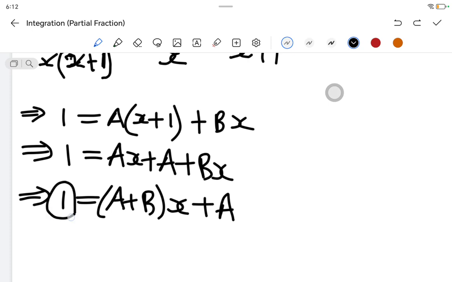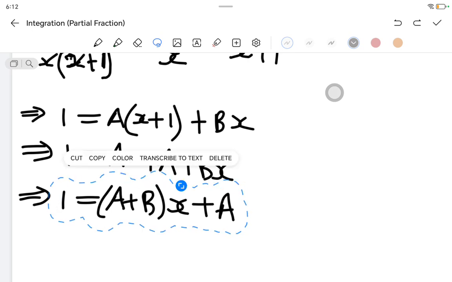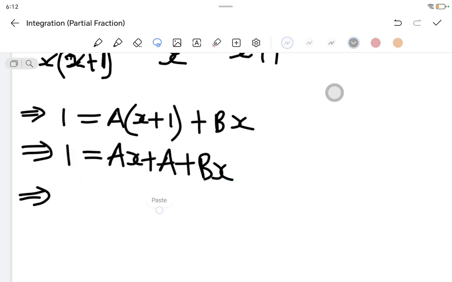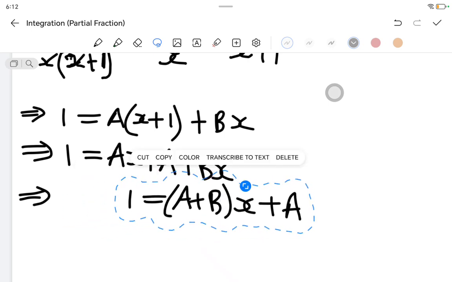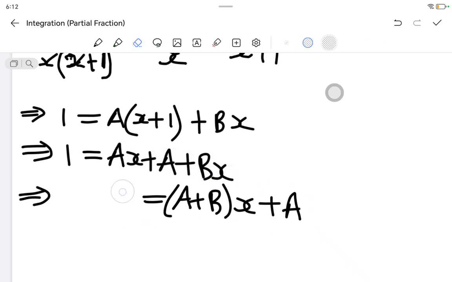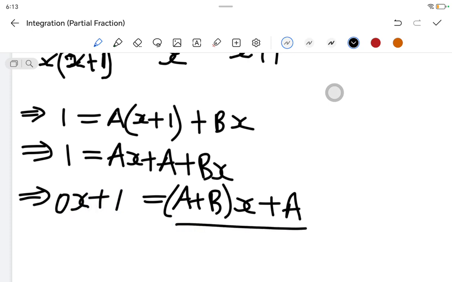Since I've simplified this in detail, for me not to use the method of x equals 0, x equals minus 1, I can easily write this one in this manner. I can say this is 0x plus 1. So I'm trying to copy this standard. I'm writing it in what we call a polynomial form.